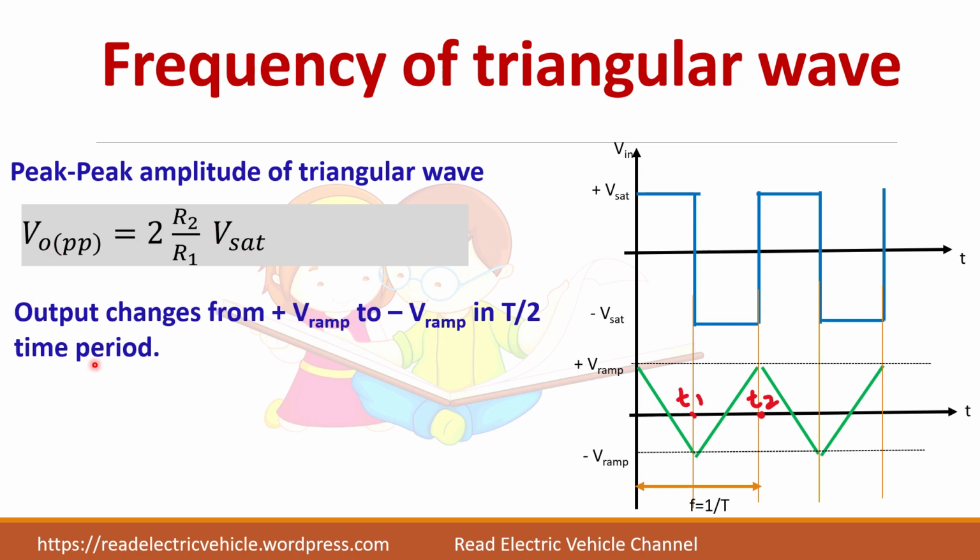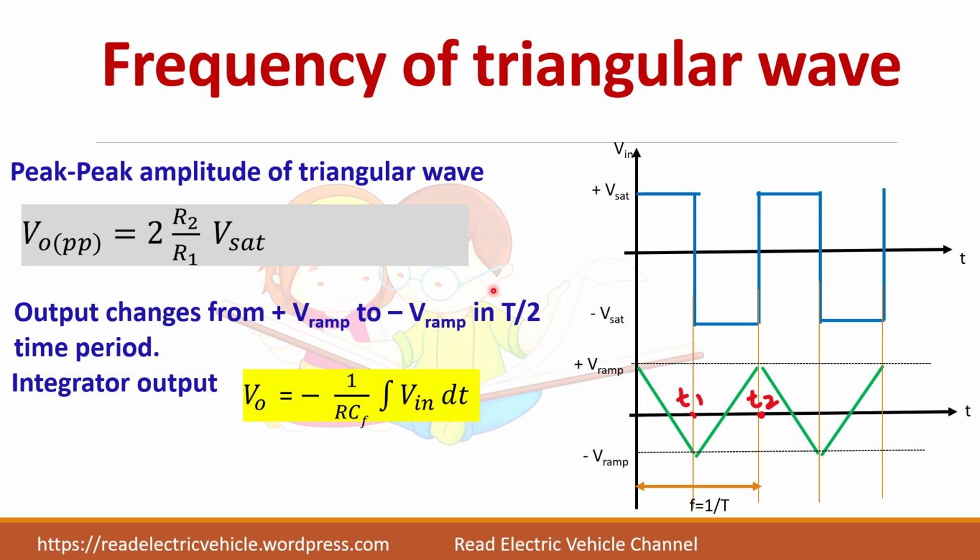Here the output changes from plus V ramp to minus V ramp in this half period. The total time period is this one, and out of this it is only half, so it is T by 2. Now consider the integrator, and let us take the limits as 0 to T by 2.